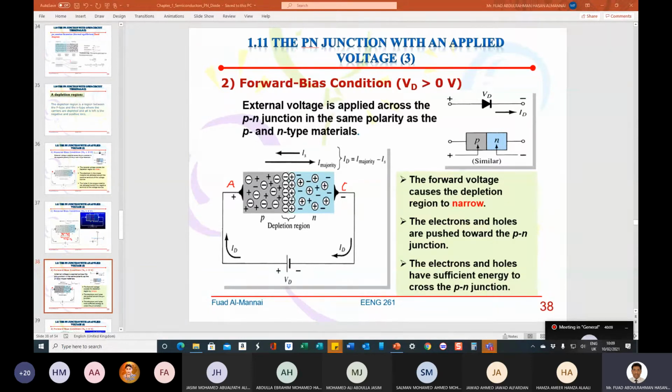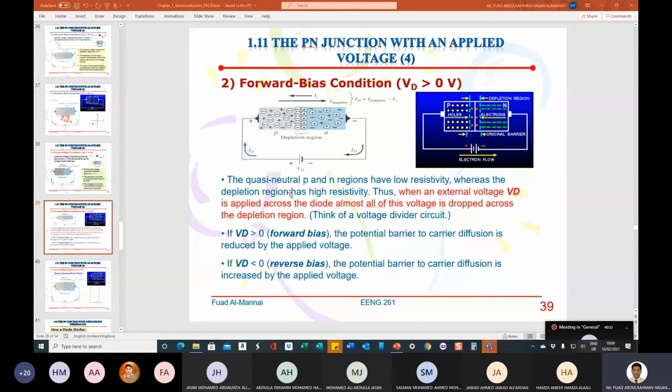Now we can make the silicon, which is the diode, act as on, like a piece of conductor, or off, like a piece of insulator. Got it? There you go. Any questions?